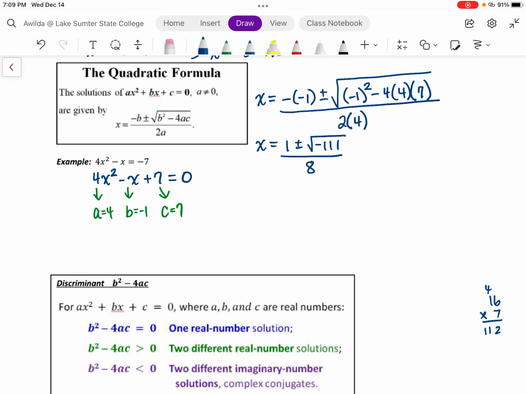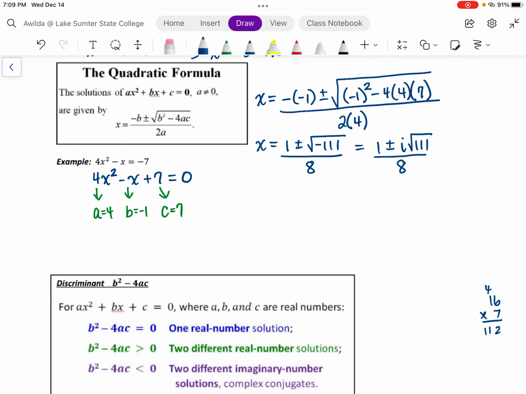Now 111 is a prime number, so we're not going to be able to simplify the square root of 111, but we do have that negative sign as part of the radicand. So we can do one more thing to simplify this answer, and let's write this as 1 plus or minus i times the square root of 111, all divided by 8.